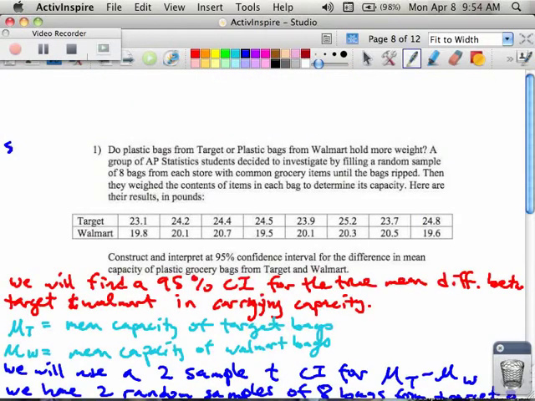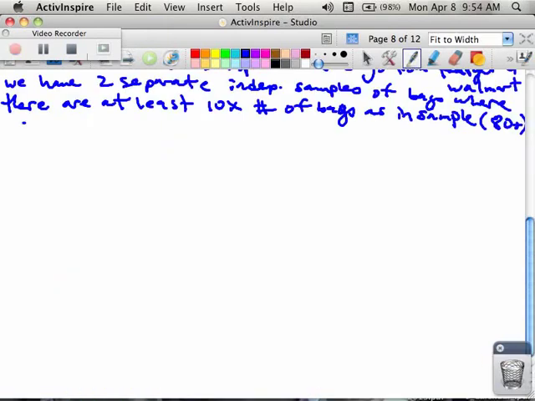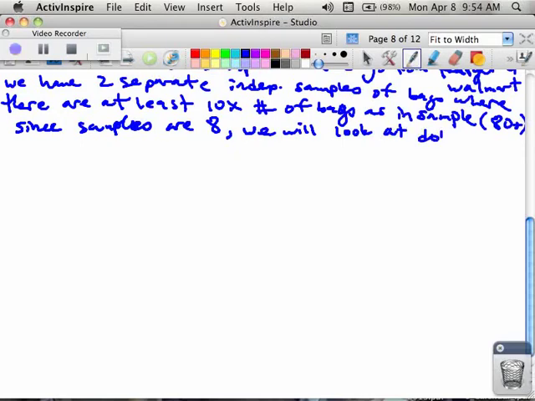Since the samples are 8, we will look at dot plots for normality.